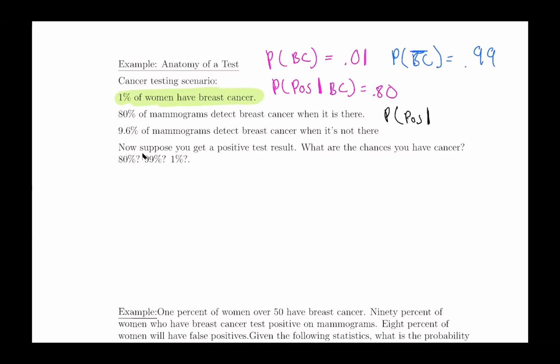No. So right here we'll put BC with a horizontal line, or with the bar, to notify that they don't have breast cancer. So far, everybody good? Let me actually put the percentage. Everybody good with what those percentages represent?